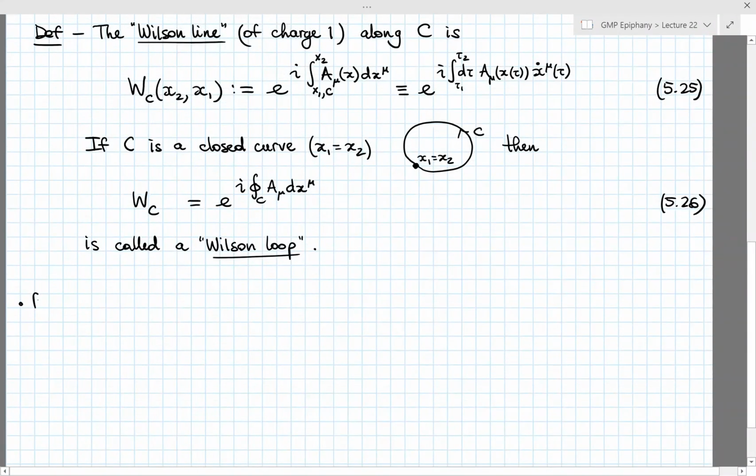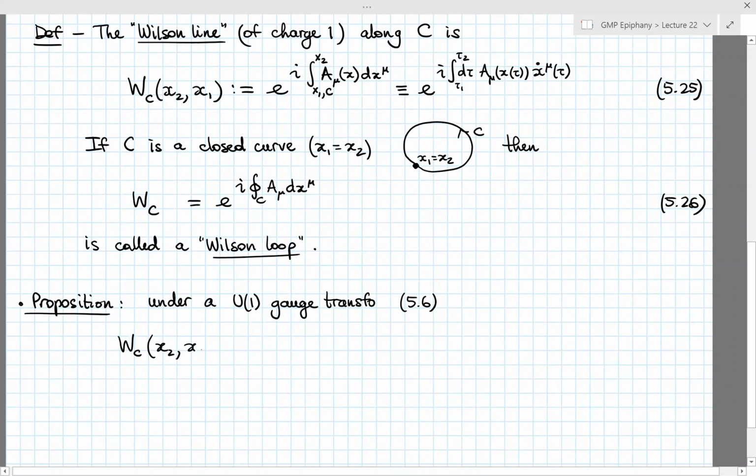Now we have a proposition, which is that under a U(1) gauge transformation with parameter alpha(x), as in equation 5.6, the Wilson line W_C(x2, x1) transforms as follows.